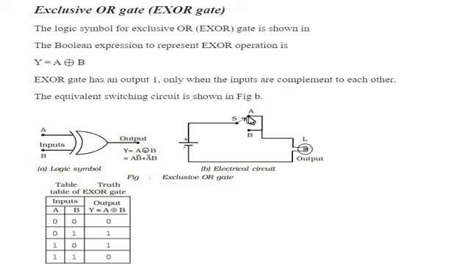Means only one switch connects, A or B. Only one input is connected to the battery, only A or B, then the lamp will be switched on or the lamp glows. Okay, in this way the working of the exclusive OR gate is here. Means either A is true or B is true but not both, then Y is true. Is that clear, students? There are many applications of the XOR gate. We'll see later.